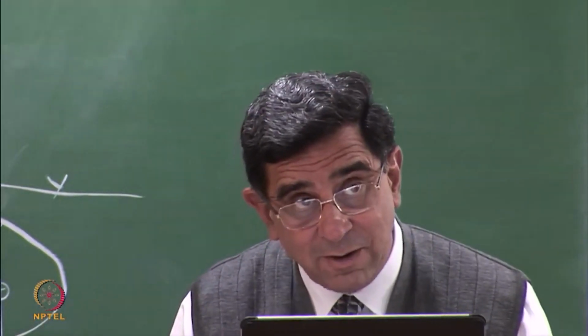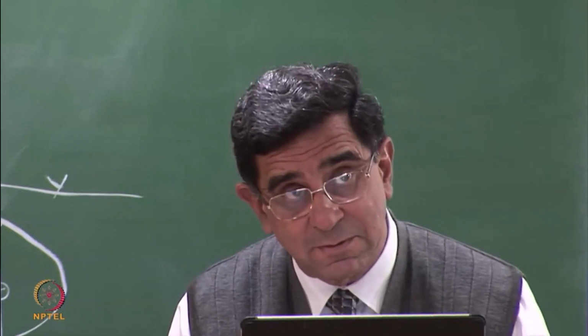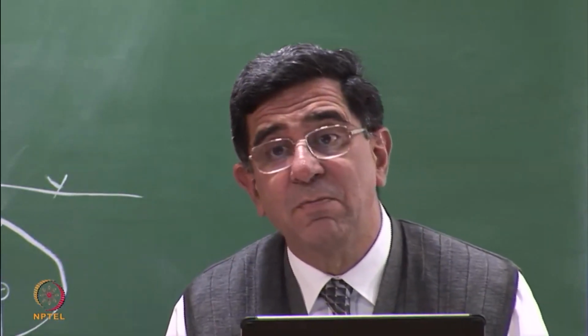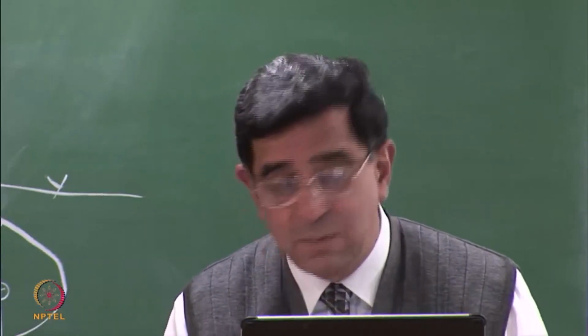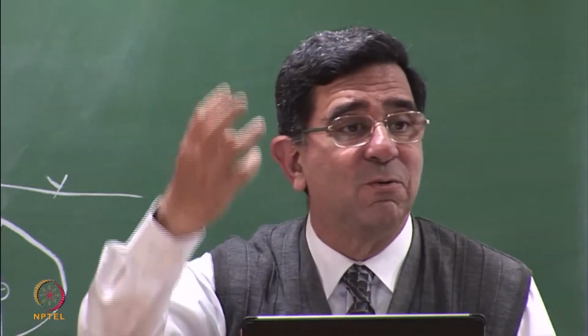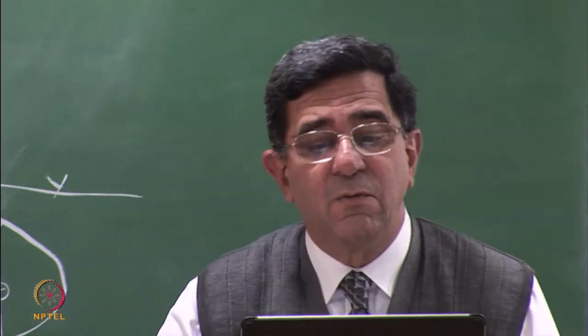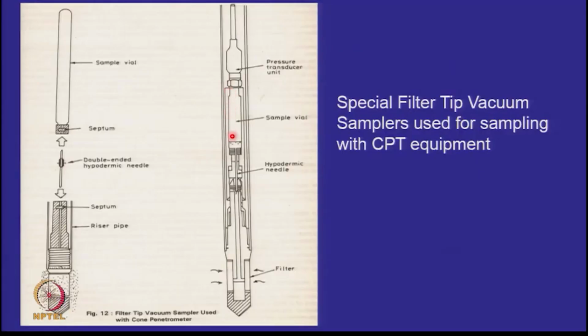Air. Or suppose you are looking for petroleum vapors. If your underground tank has leaked, then petroleum volatile organic vapors will be there in the void space. With the filter tip, you can get pore water samples or pore gas samples.